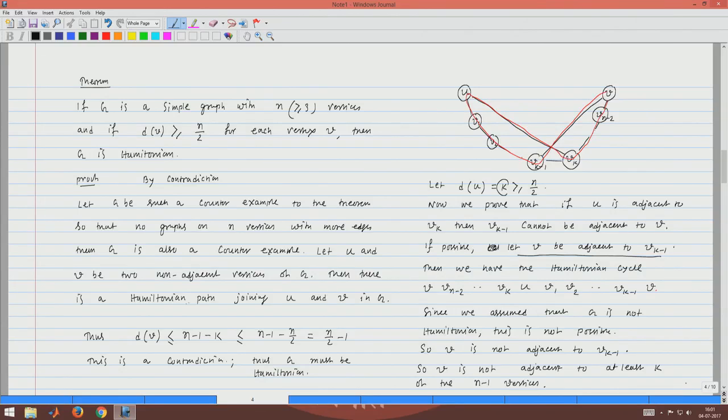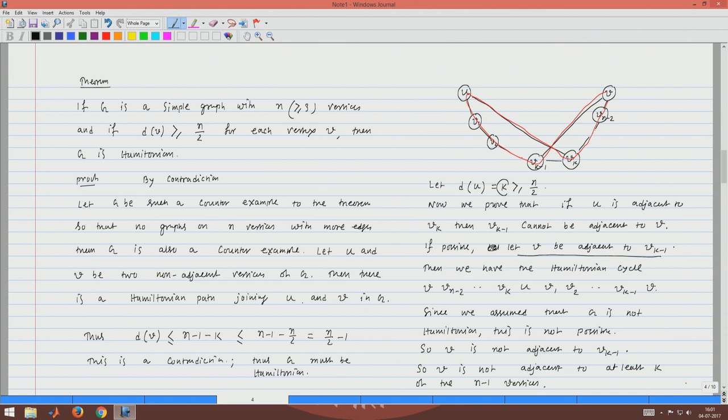And this is a maximal counterexample in the sense that if you add one more edge to this graph, the graph will become Hamiltonian. So, probably this is a little difficult part. Let u and v be two non-adjacent vertices of G, then there is a Hamiltonian path joining u and v.